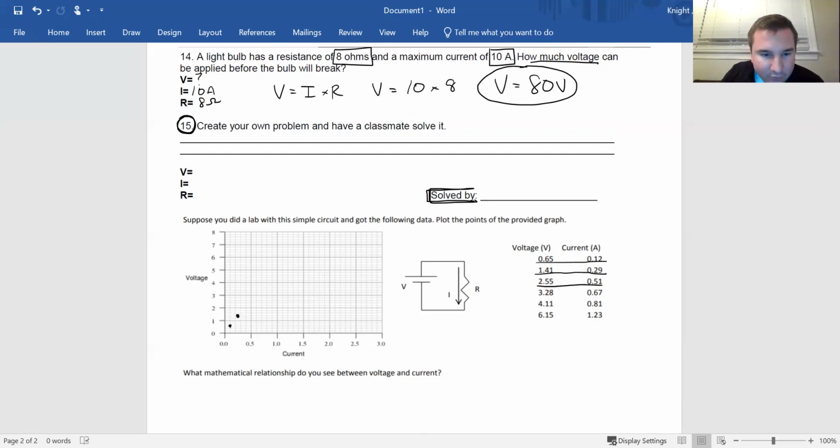2.55 and 0.51. It's like around here. 3.28 and 0.67. 0.67 is right around here. 4.11 and 0.81.